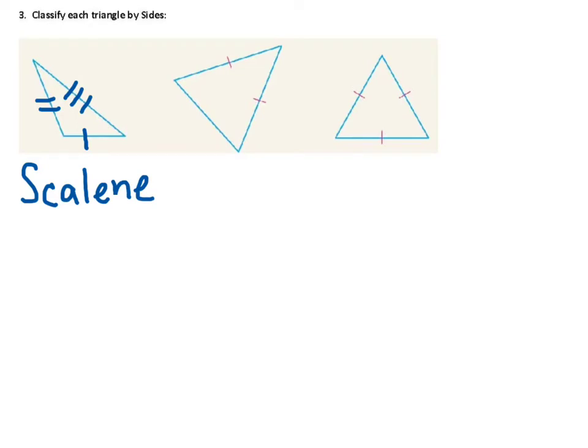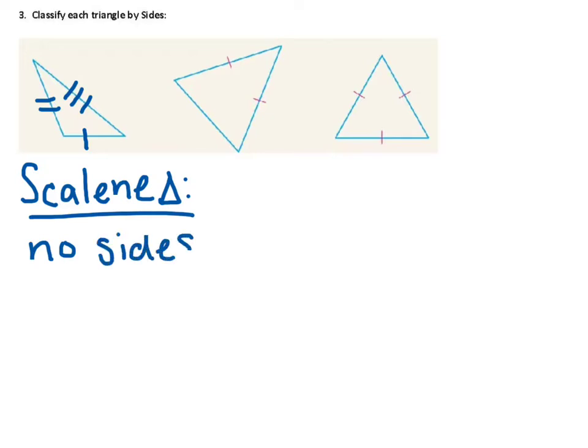And again, the rules for classifying this triangle as a scalene triangle are that we do not have congruent sides. So no sides are congruent. Now let's look at this next triangle here.